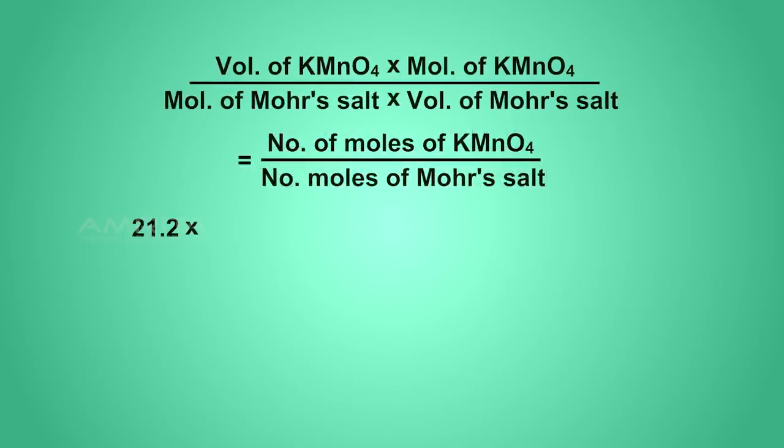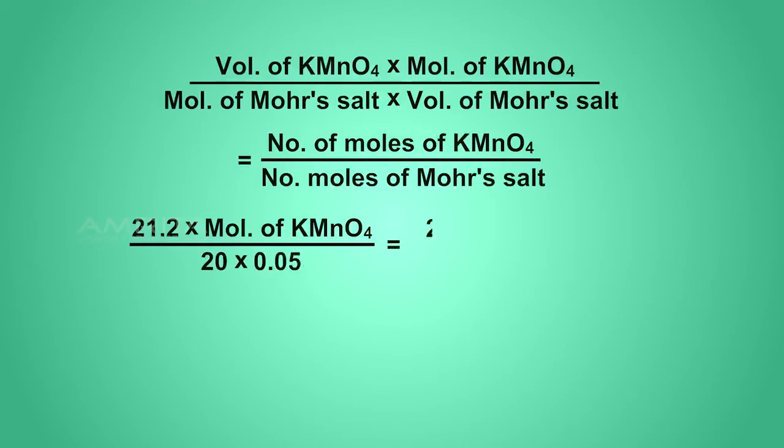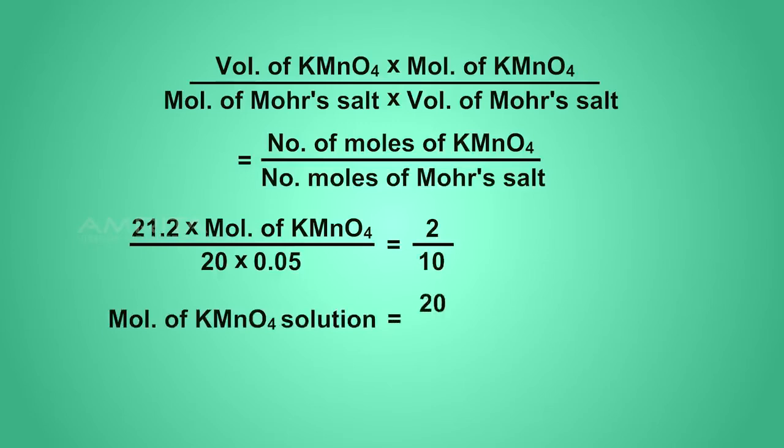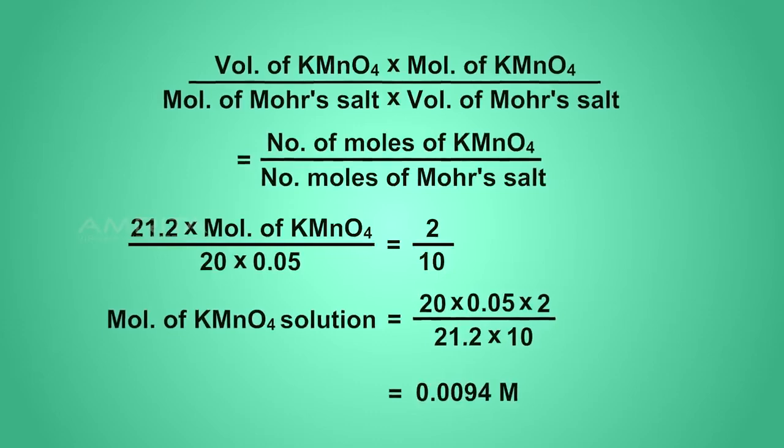That is 21.2 into molarity of KMnO4 divided by 20 into 0.05 is equal to 2 by 10. Therefore, molarity of the given potassium permanganate solution is equal to 20 into 0.05 into 2 divided by 21.2 into 10, which gives us 0.0094 molar.